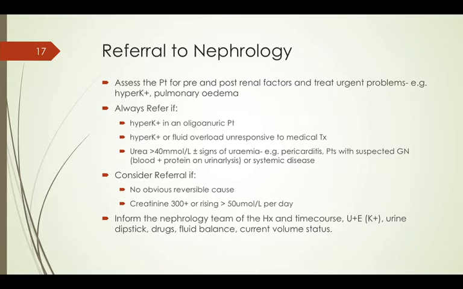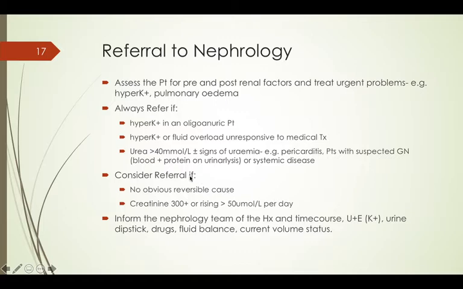But there are some instances where it's always best to ask advice, best to refer. So things like hyperkalemia in an oligoanuric patient. If you're still having evidence of hyperkalemia or fluid overload despite adequate medical treatment, and signs of increased urea.